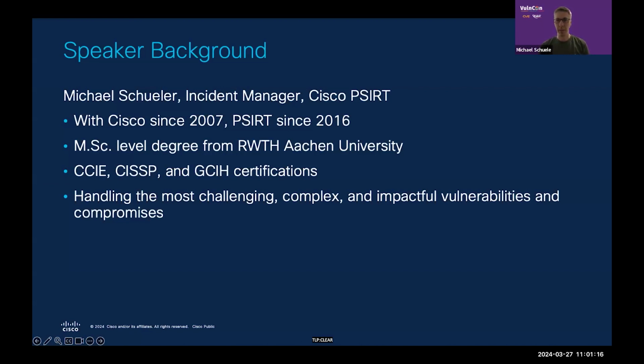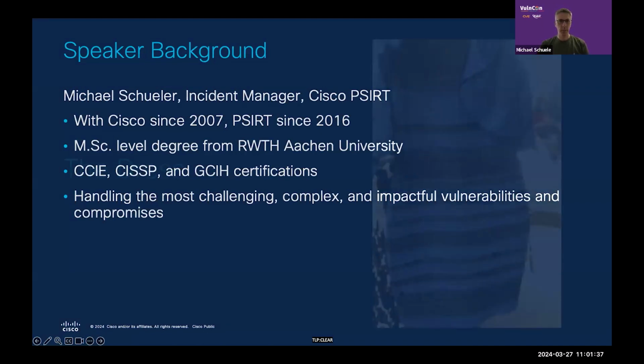I spend half of my time putting out fires, and the other half trying to make sure those fires don't reignite by developing lessons learned, feeding back into our SDL program, and developing best practices, such as the ones that we will see in the course of this talk.